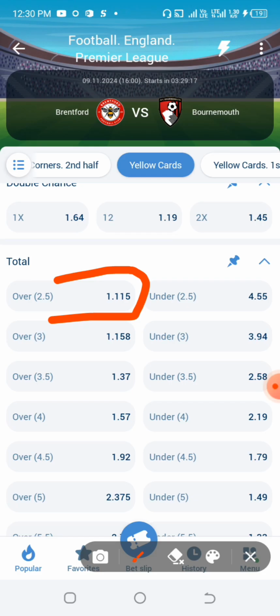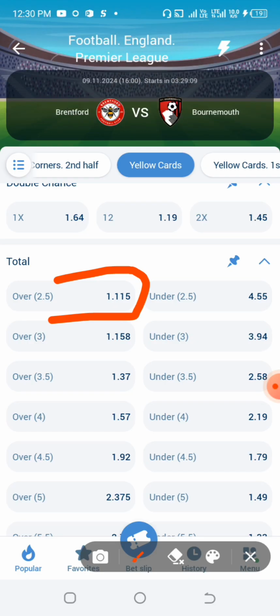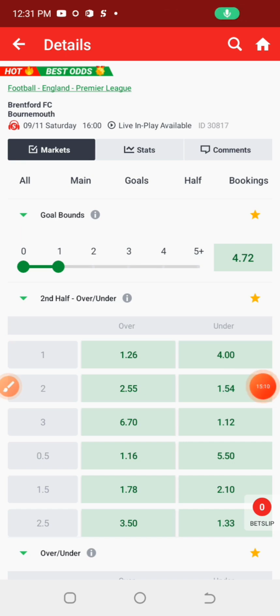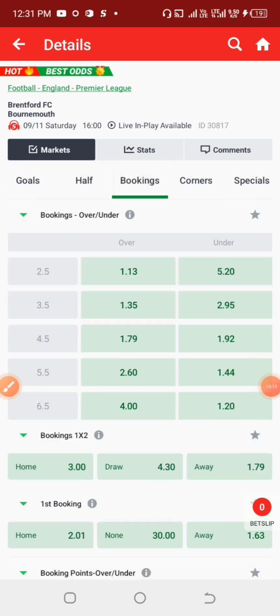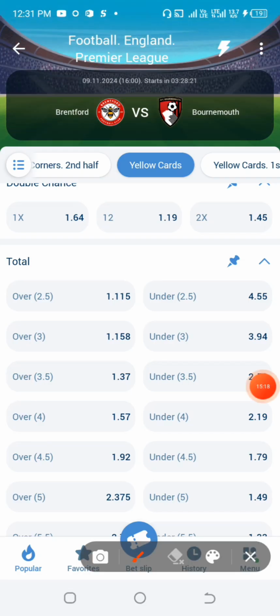But there's another thing I would like to let you know. In case you are able to access another bet platform, I would like to recommend it for booking code predictions, that is over yellow card or red card. Let me show you something. The difference is that on this platform, giving us over 2 yellow cards at odd of 1.11, if the game ended up with 3 yellow cards, you are going to win your bet.